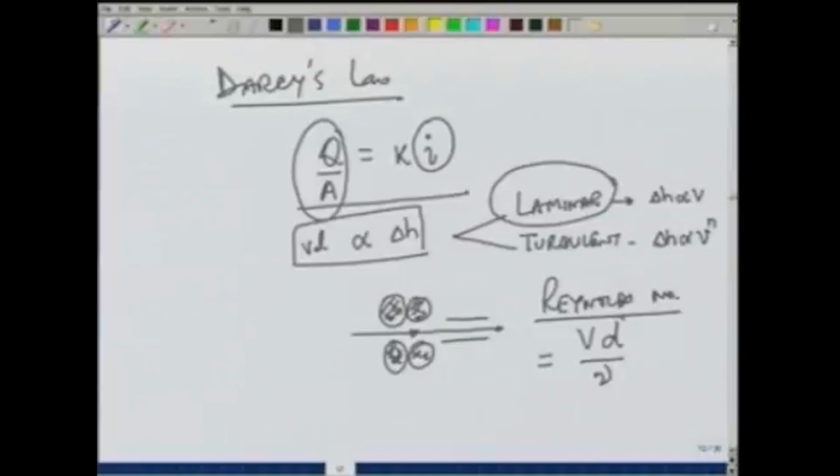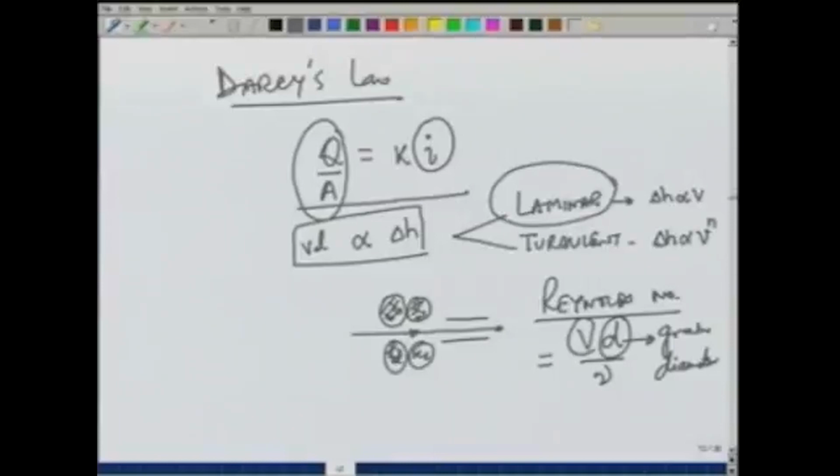This diameter in pipe flow is the diameter of the pipe. So, here since the diameter of the pore will depend on the diameter of the grains, we can put the grain diameter here, which may be, let us say, D10 or D50 or D90 of the soil.